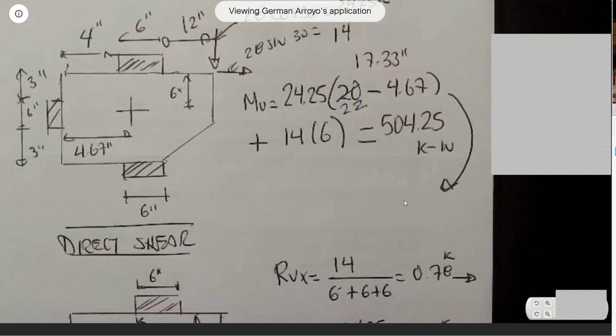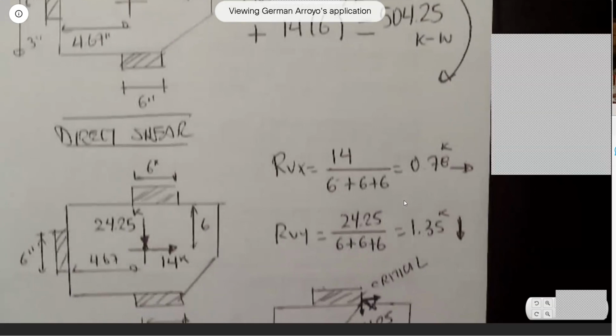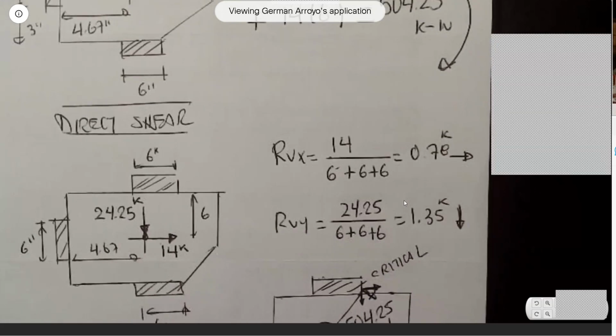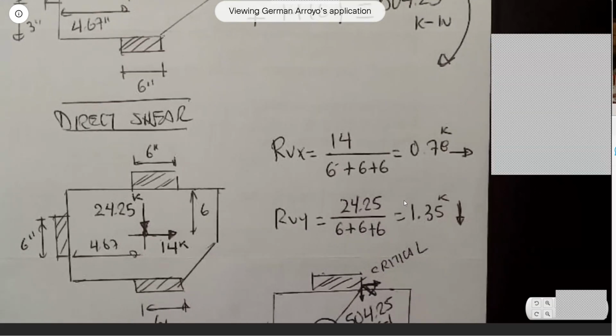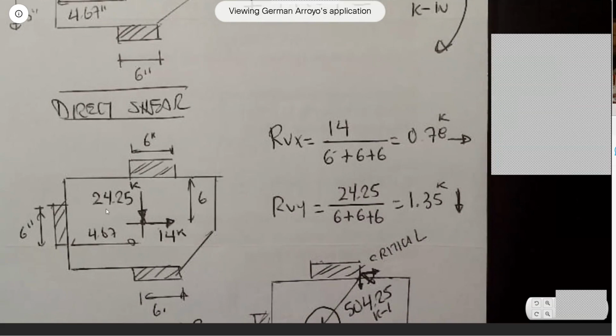So here I'm computing the direct shear first. I had transferred the 24.25 to the centroid. I had transferred the 14 to the centroid. The component in X, the direct shear in X, is the 14, and we have 6 inches of weld, 6 inches of weld, 6 inches of weld, 18.